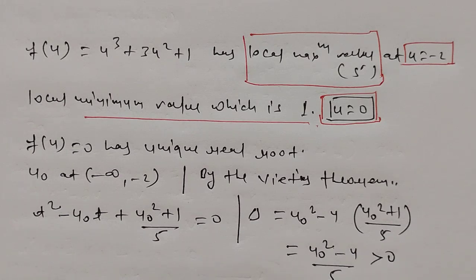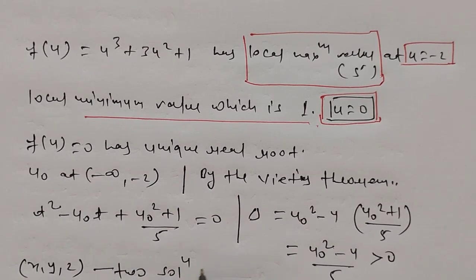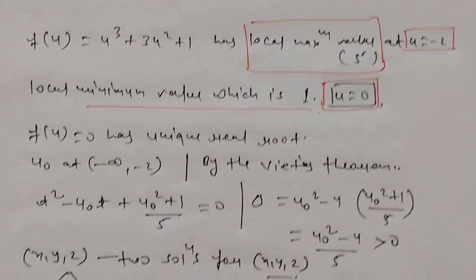and each pair a, b gives two solutions for x, y, z, and this will be given by the different values of a and b.